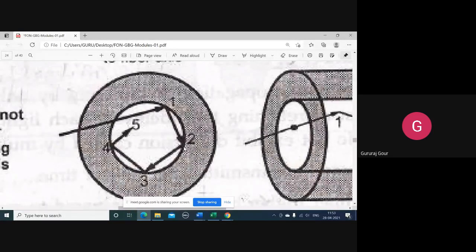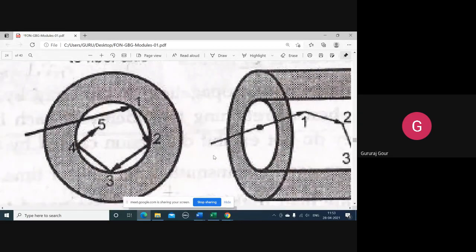Then it will undergo another reflection at point 2 and reach another point 3 on the wall of the core itself. Again it will undergo another reflection. So with multiple reflections, the ray is traversing from point 1 to 2, 2 to 3, 3 to 4, and it will go like this.